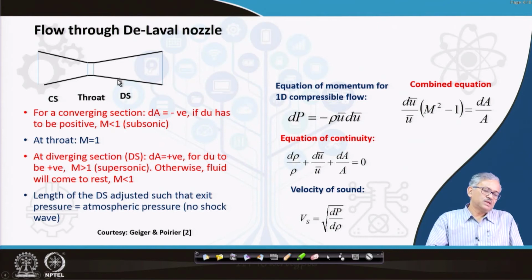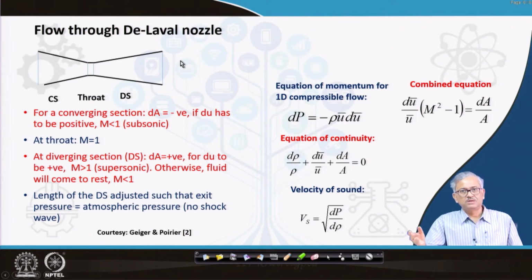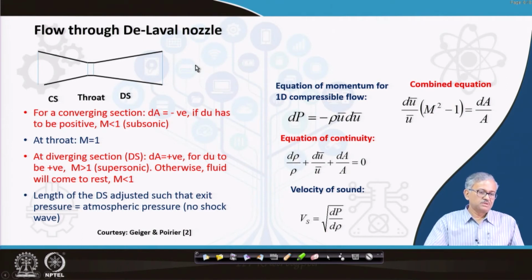So, based on the design, you can decide the length of the divergent section, so that the pressure of the oxygen jet at the exit is equal to 1 atmospheric pressure. Then only you can effectively project the gas at supersonic velocity towards the oxygen bath or towards the liquid bath.